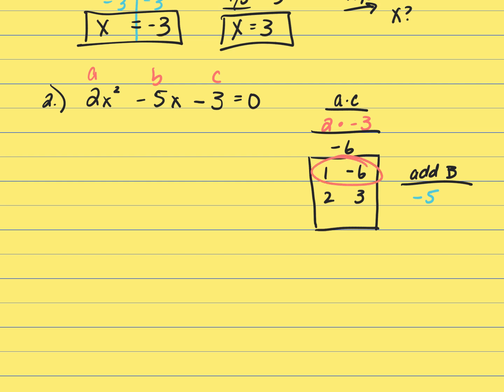So if we split the middle, I'm going to have 2x squared plus 1x minus 6x minus 3. Does everybody see that?